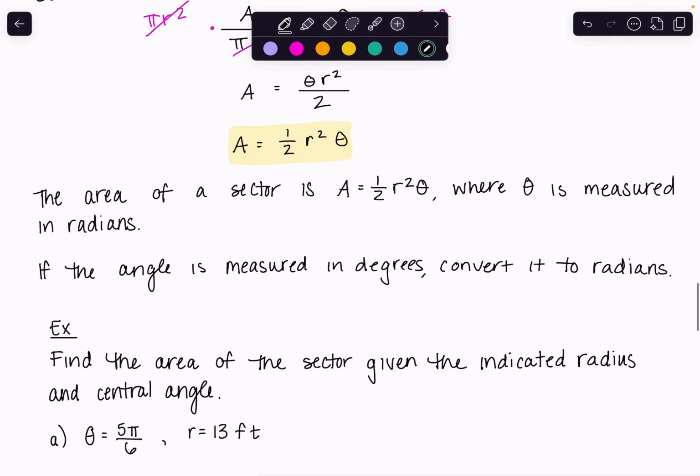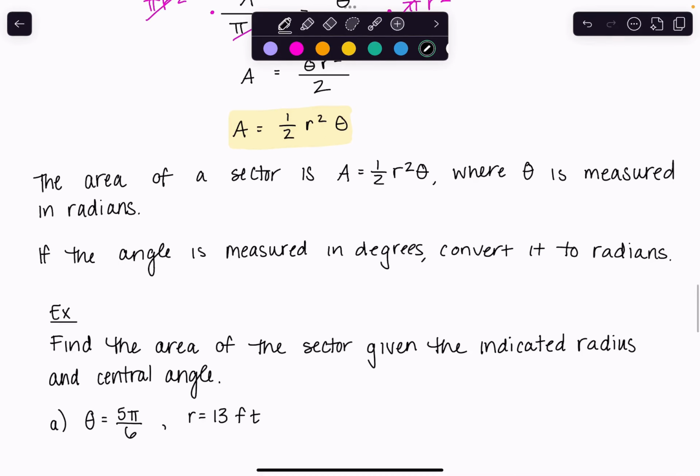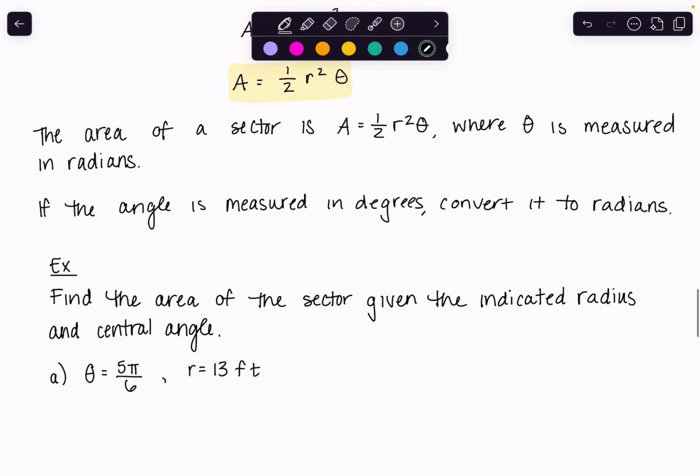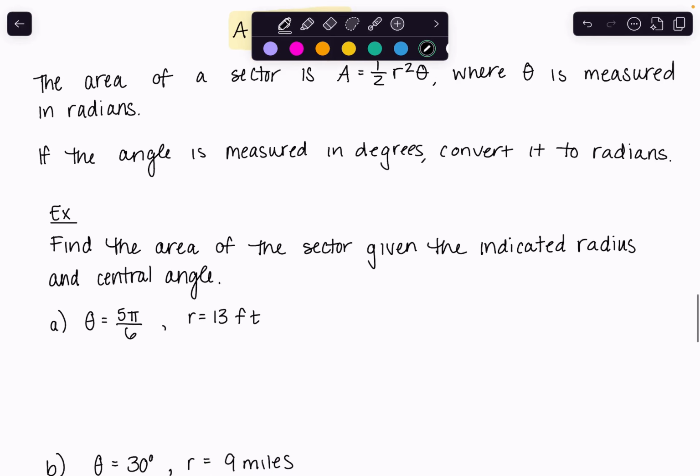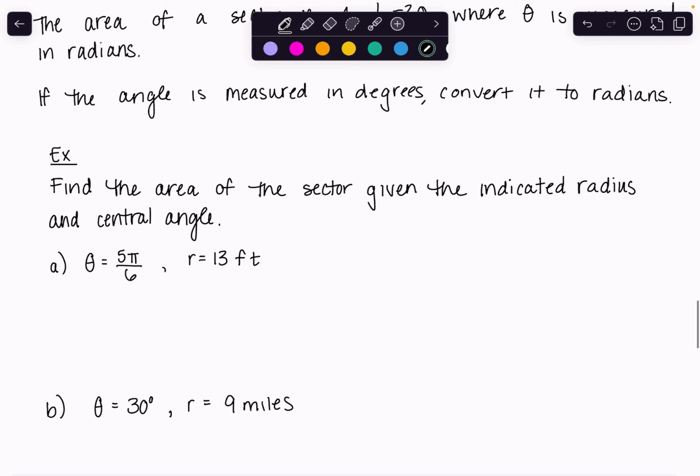So let's try two examples of this. We're going to find the area of the sector given the indicated radius and central angle. In the first case, our theta is 5 pi over 6, and our radius is 13 feet. If I want to find my area, it is 1/2 r squared theta. My radius is 13.